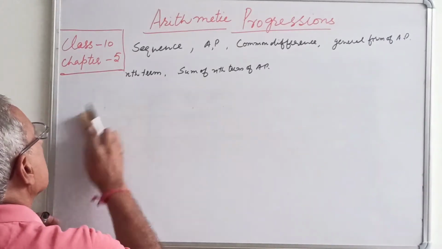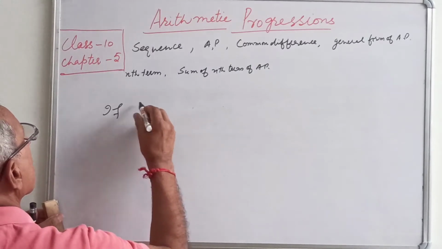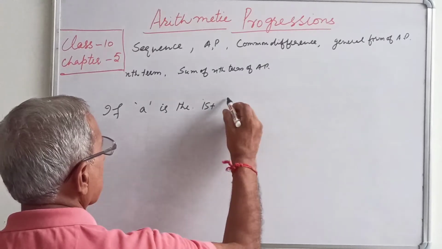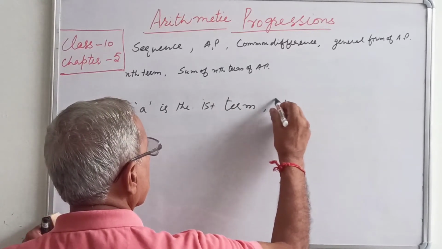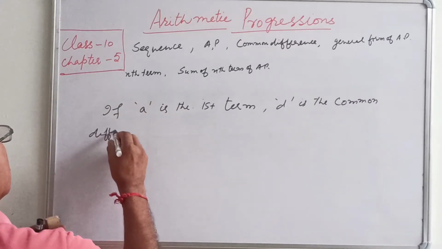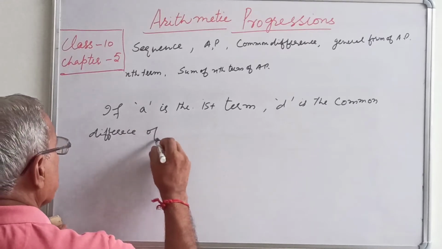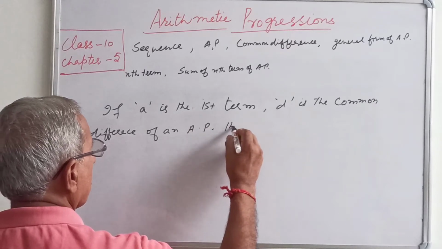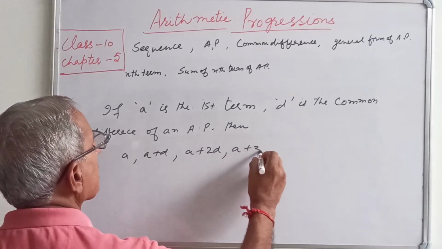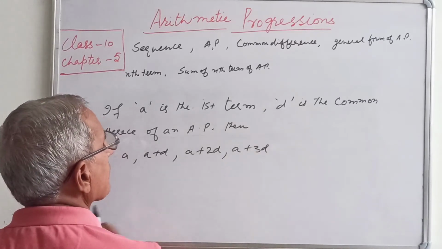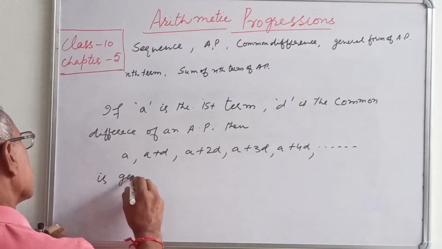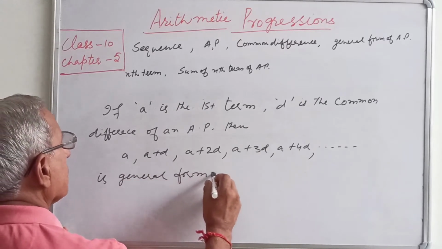So if A is the first term and D is the common difference of an AP, then A, A plus D, A plus 2D, A plus 3D, A plus 4D is the general form of an AP.